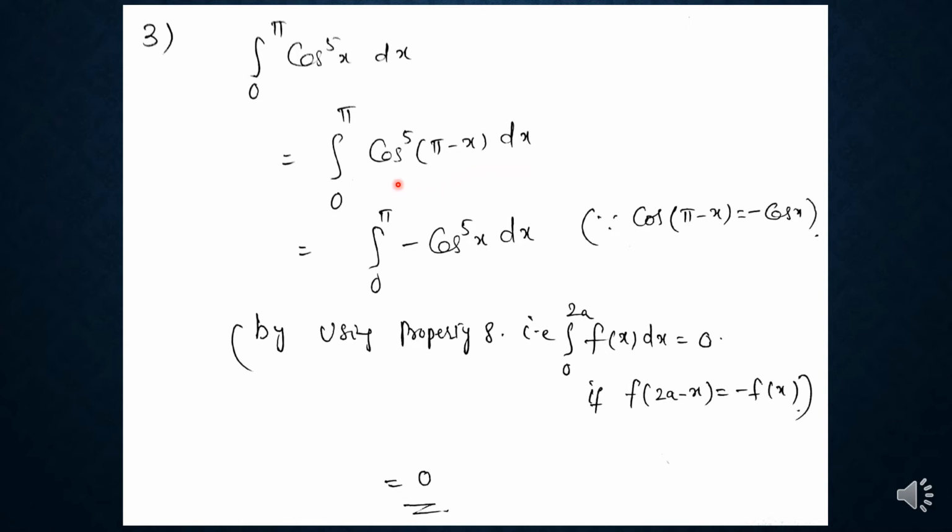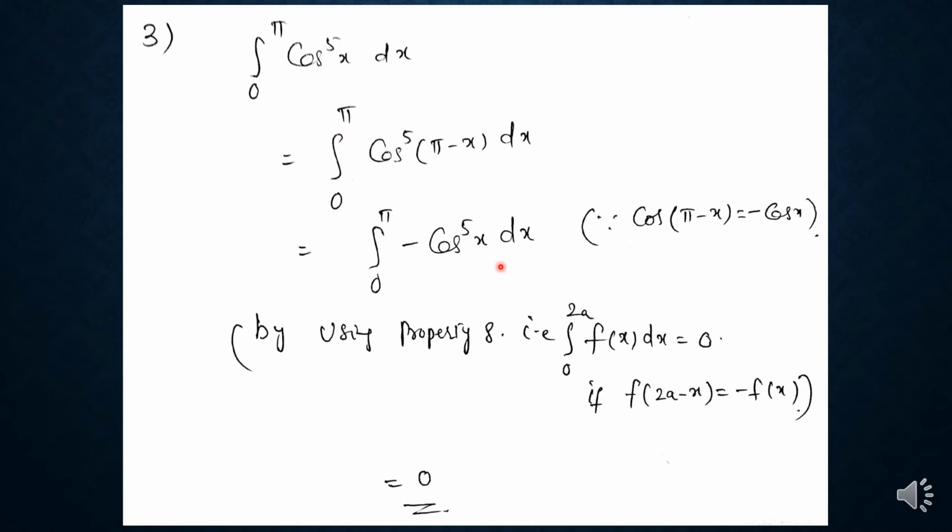So cos of pi minus theta is minus cos theta, that is minus cos x whole to the power of 5 dx, which is minus cos to the power of 5 x dx. So by substituting 2a minus x here, we are getting minus into f of x. This is the f of x and this is minus f of x, and this is f of 2a minus x. 2a means here pi.